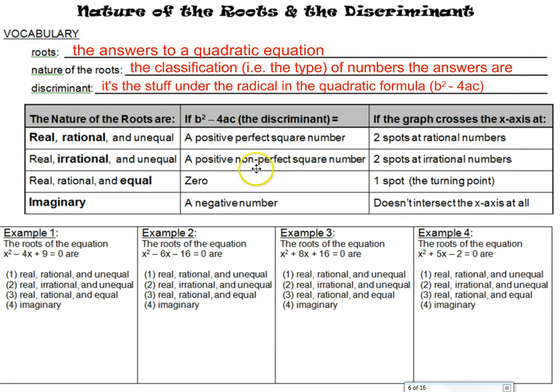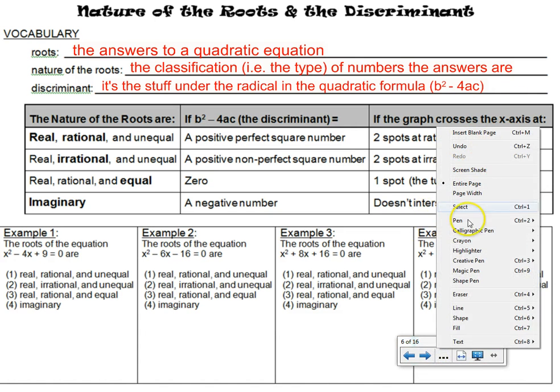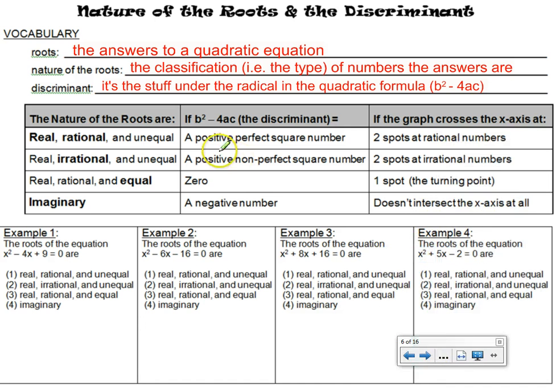All right, so we already talked about this. If the discriminant, the number under the radical, is a positive perfect square number, it means that the answers are going to be real.